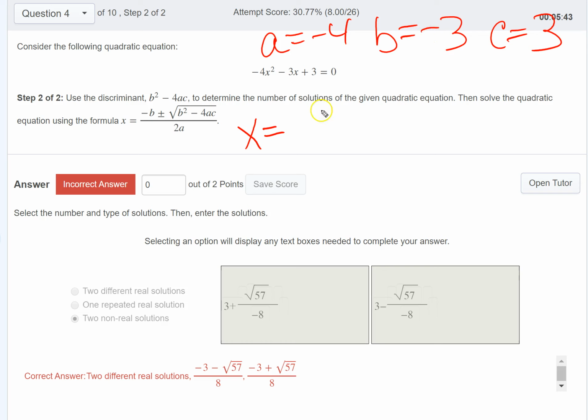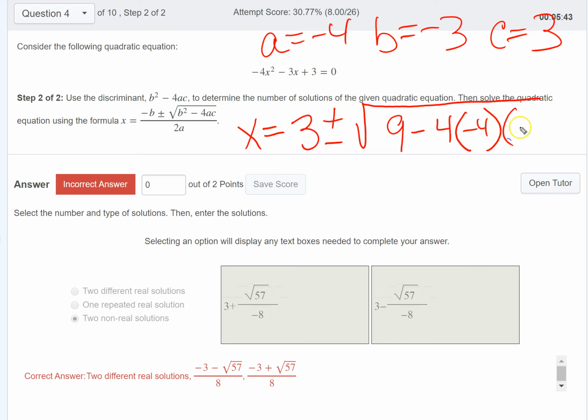So the opposite of a negative 3 makes this a 3, plus or minus the square root of b squared, which is 9, minus 4 times a is negative 4, and c is a 3. And this is all going to be over 2a, and a is negative 4, so this is negative 8. So let me give you a chance to work this out.